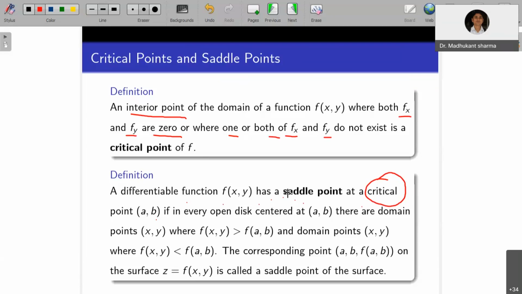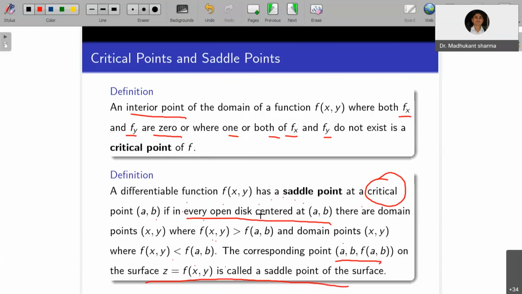The necessary thing is that it's a critical point. If in every open disk centered at (a, b) there are points where f(x, y) lies above f(a, b), some values greater than f(a, b) and some less, then the corresponding point on the surface is called a saddle point of the surface.